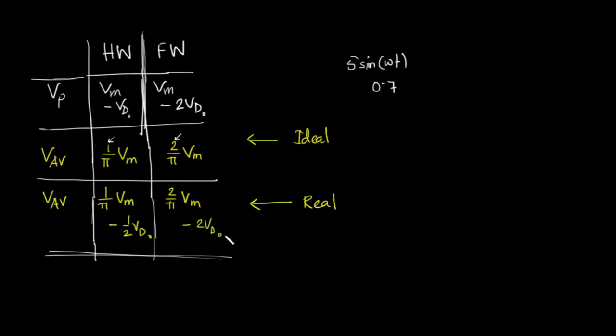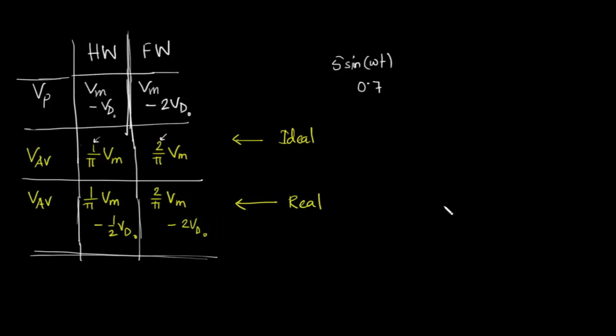Then you will just plug in the values. Here Vm will be 5 and Vd naught will be 0.7, and this will give you the average value. So we have found all the metrics that we can use to describe and quantify the performance of half wave and full wave rectifiers.